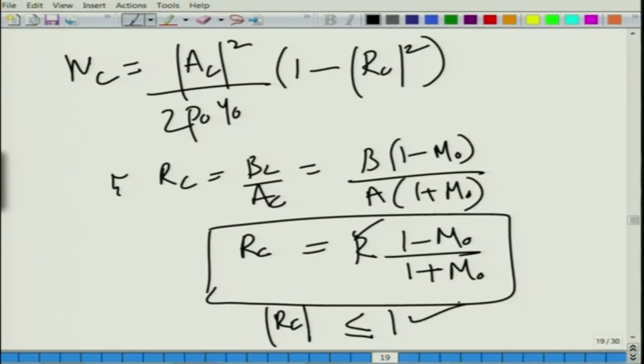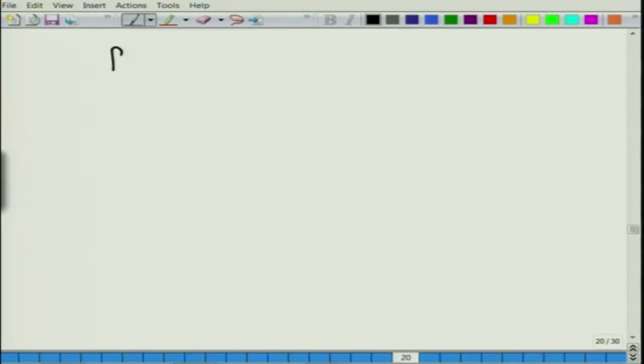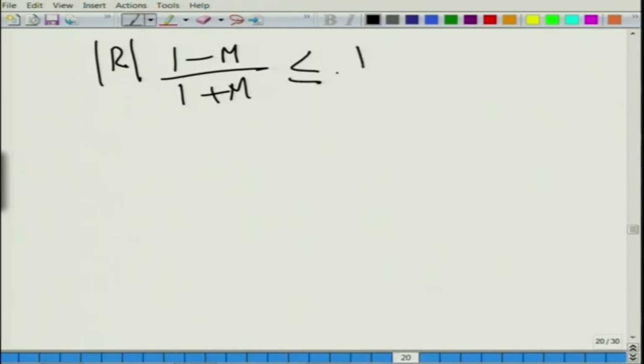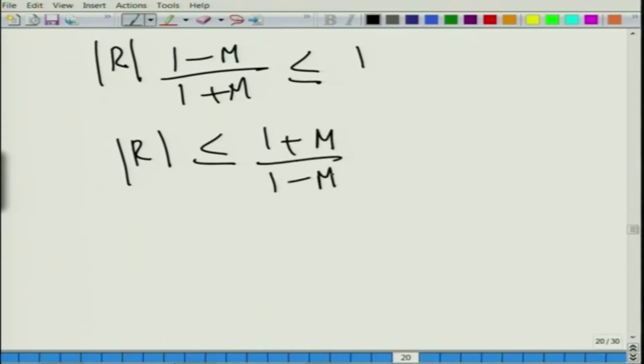Since Rc, the reflection coefficient, always has magnitude less than 1, we could further come to the conclusion that 1 minus m times magnitude of R is less than 1, and R should be 1 plus m over 1 minus m.